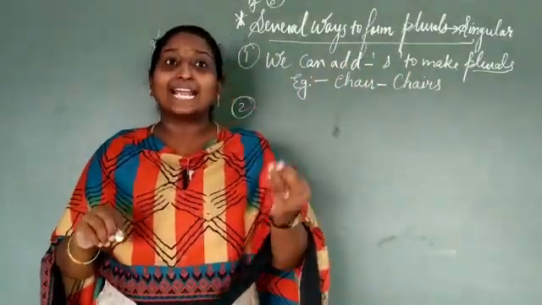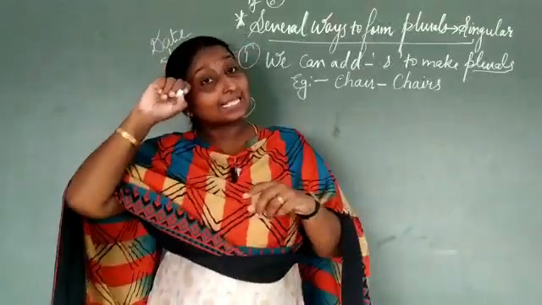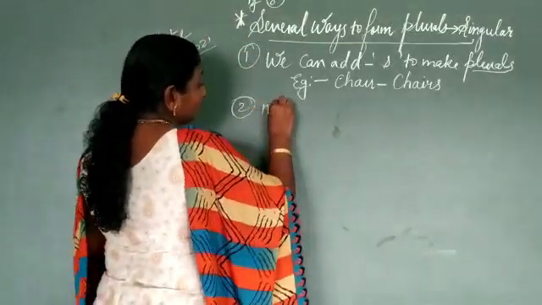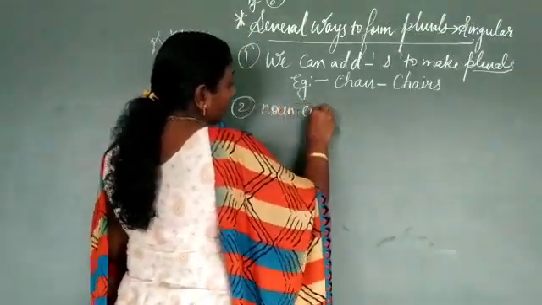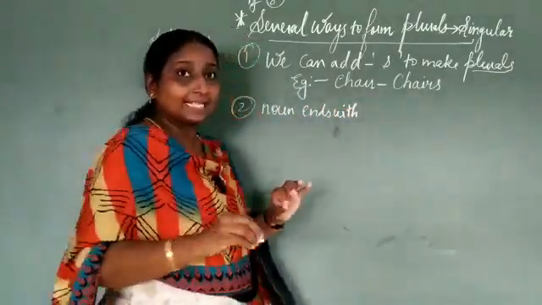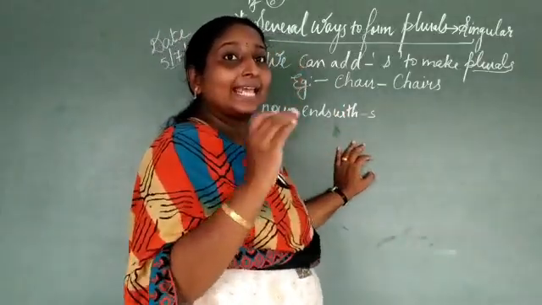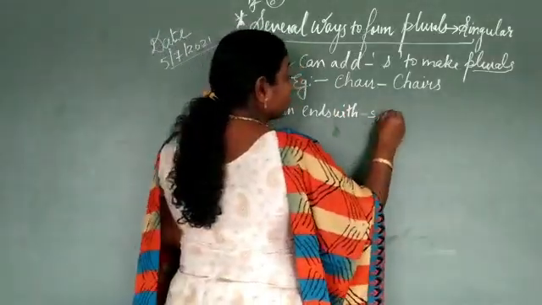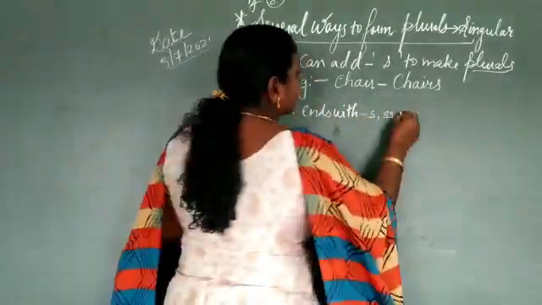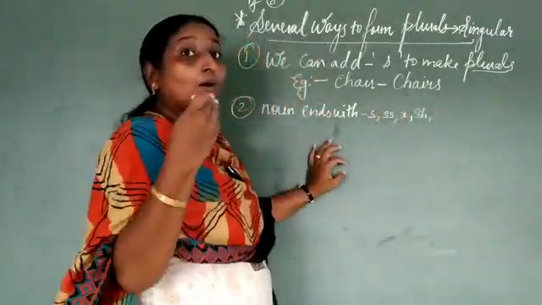Moving to the second one, it is like this. If a noun ends with S, double S, X, SH or CH. Suppose the word ends with S or double S or X or SH or CH. Okay.